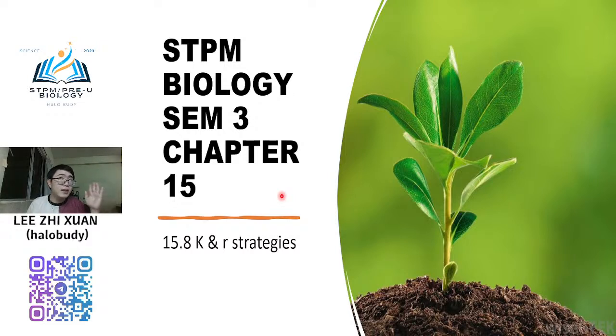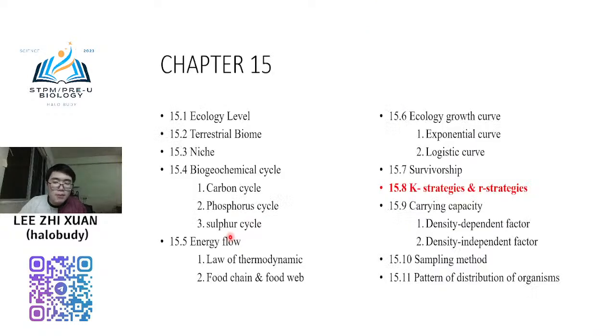Either under K strategy, or r strategy. So you see that the K must be a capital letter and the r must be a small letter. Okay, so this one is more focused on the characteristics of the organism. So K strategy and r strategy.